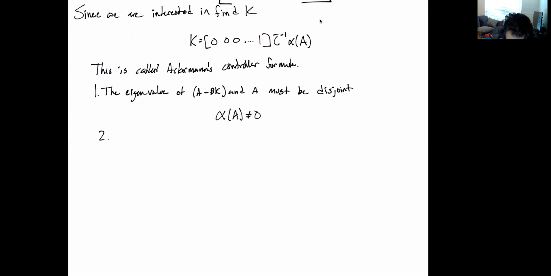And two, the system must be controllable. So it's nice because we can use the controllability matrix first to decide if it's controllable or not, and then we can use the same controllability matrix to actually design K and find out what K we should use.